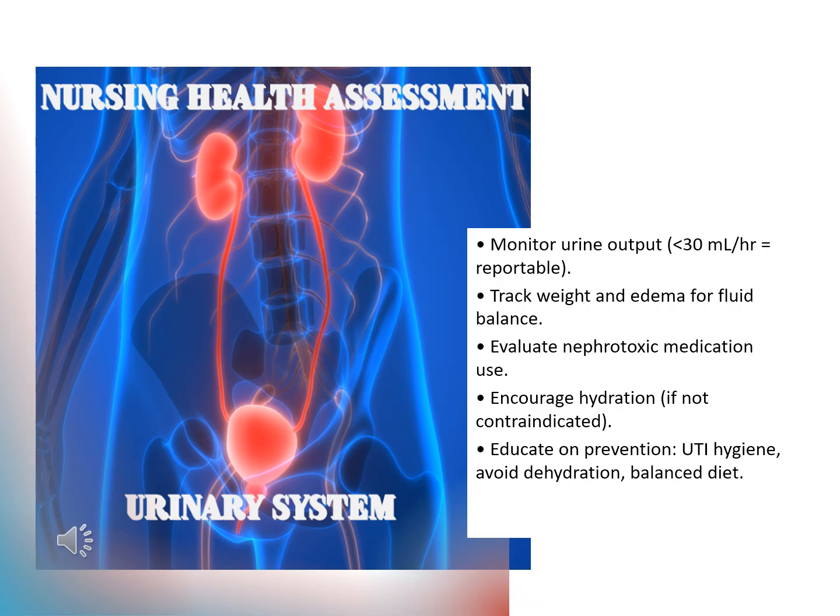But just make sure that this is not contraindicated in patients. So if they have an increase in fluid retention, we would want to avoid overhydrating. Then we want to make sure that we educate on prevention of disorders of our urinary tract, things like urinary tract infections. We want to avoid dehydration, make sure they take a balanced diet, and just make sure that we educate on a healthy urinary system.